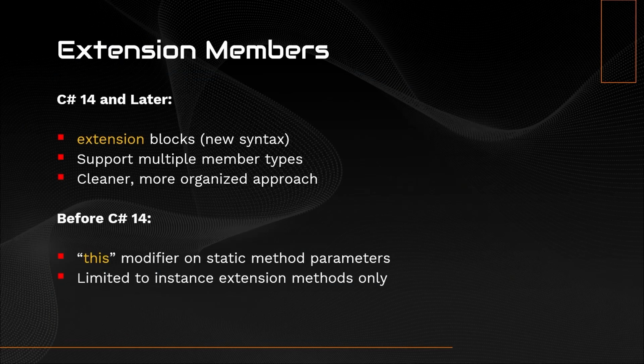Let's talk about extension members. In C# 14, we have a new syntax, extension blocks. It supports multiple member types, and I believe it's a cleaner and more organized approach. Before C# 14, we had the this modifier on a static method's parameters, as I showed you, but we don't need it anymore. And it was limited to instance extension methods, but we have more in this new feature.